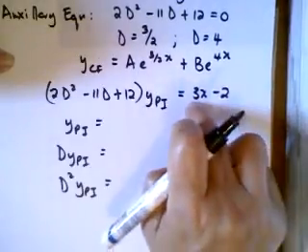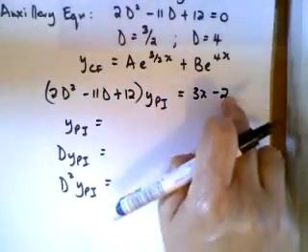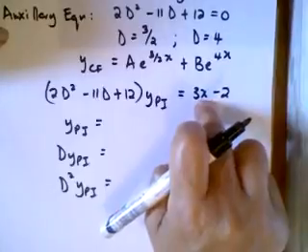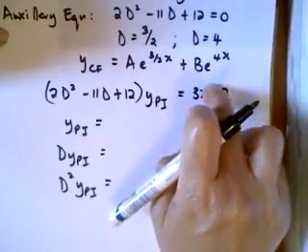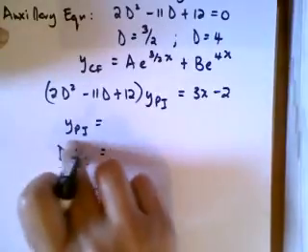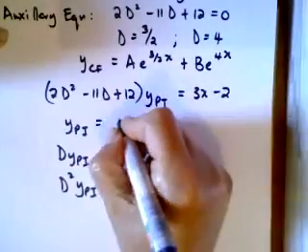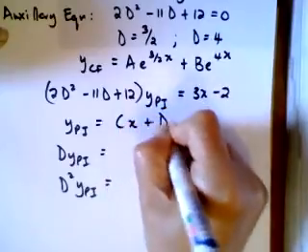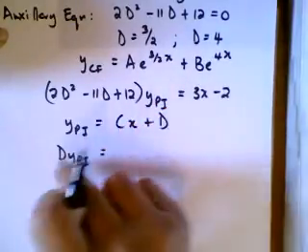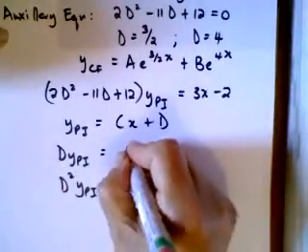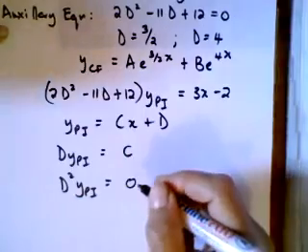Right? Because this is a polynomial of power 1, your independent variable here is to the power 1. So we can guess again what y_p is going to be, and I'm going to guess that it's going to look something like that. Right? Then the first derivative is going to be equal to c, and the second derivative is going to be 0.